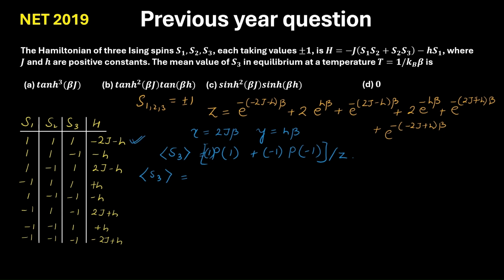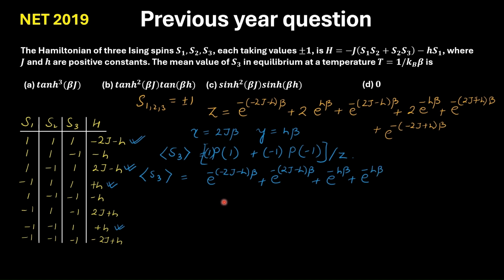Then it will be 1 into e to the power minus of minus 2J minus h into beta, plus we have 1 here, so e to the power minus 2J minus h into beta. Then we have 1 here, so plus e to the power minus h beta, plus we have 1 more here, so e to the power minus h beta.